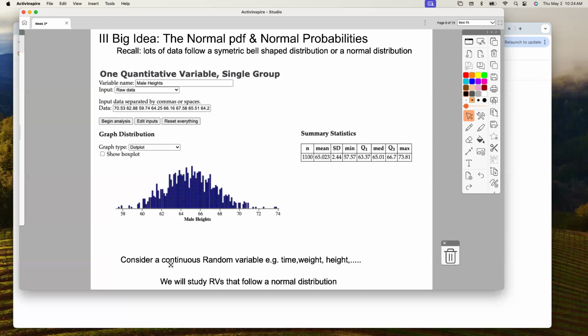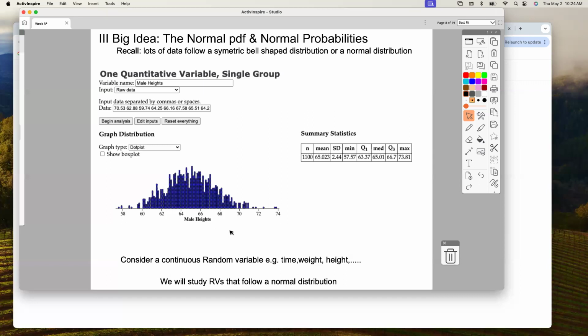Okay, so we see this pattern often when we're taking a look at data. Now, if we consider a random variable such as heights or times or weights, we call this continuous. And the reason is that theoretically, if we had material to measure the heights to even a billion decimal places, we could go on and on and on.